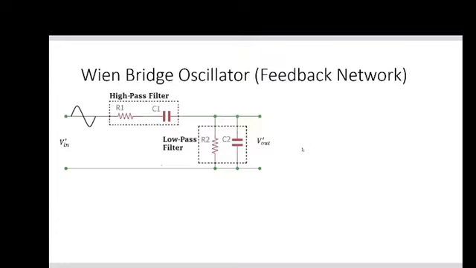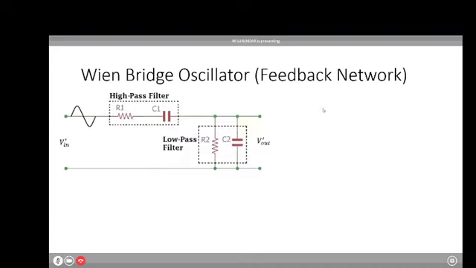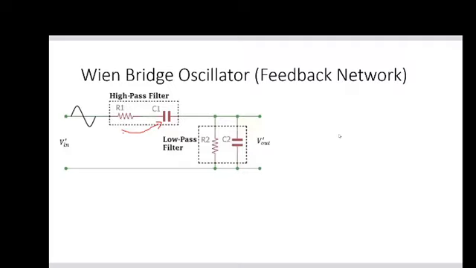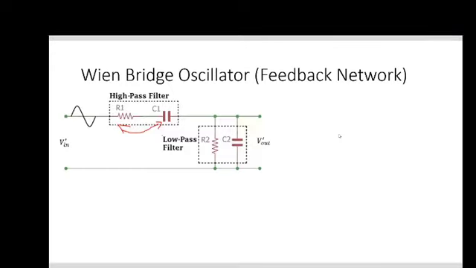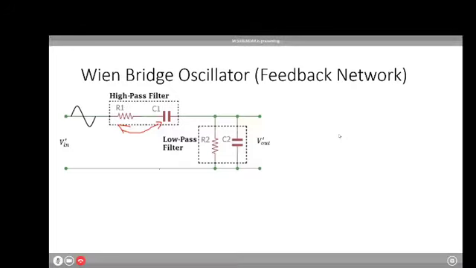Either you can have C1 here or R1 here, not a problem. This can be interchanged; they are in series only, so it won't create a big problem. Here you have another parallel combination of R and C. This is the same feedback network that we have seen before. I'm just taking that circuit alone. We are giving an input V in dash, and we are getting an output V out dash. This is just the input and output of your RC feedback network.